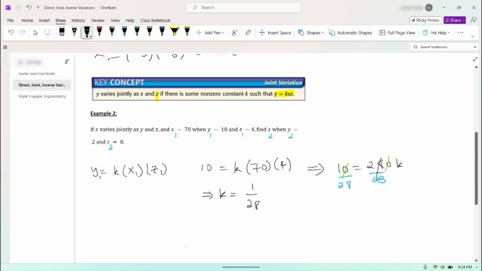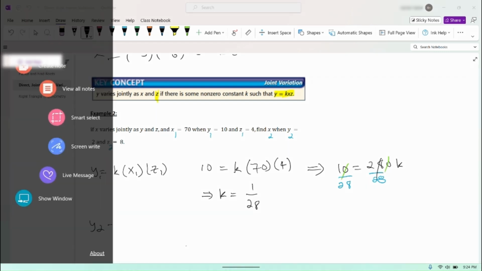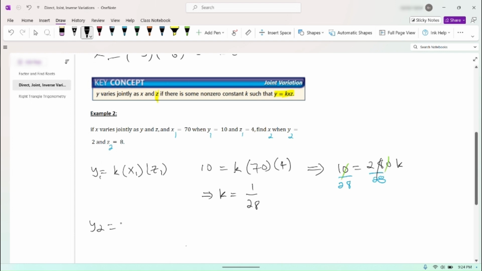All right, so let's plug this k into the second batch of numbers, the x2, y2, z2. So we have y2 equals k x2 z2. So we know k now, but we are solving for x2 here. So let's plug in numbers. So we have y2 is 2 equals, we said k is 1 over 28, times x2, times z2, which is 8.